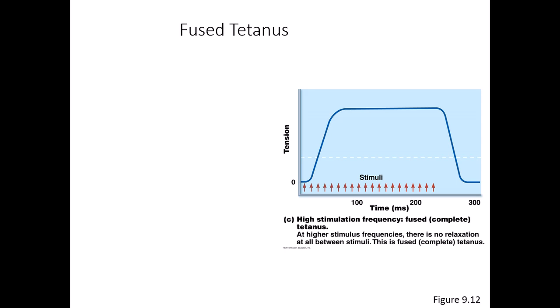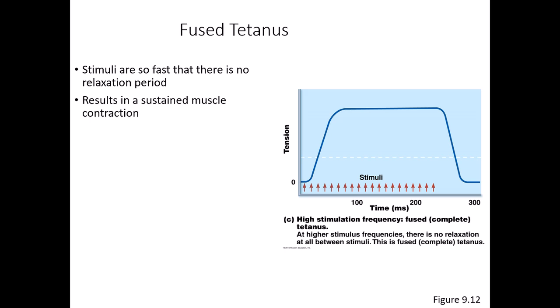In fact, they're coming so fast that eventually there's no time for any relaxation to occur at all. And so this results in a sustained muscle contraction. This really doesn't happen very often in the body because we have other kinds of mechanisms that prevent this from happening. So this isn't really a very effective process for our muscle contraction.